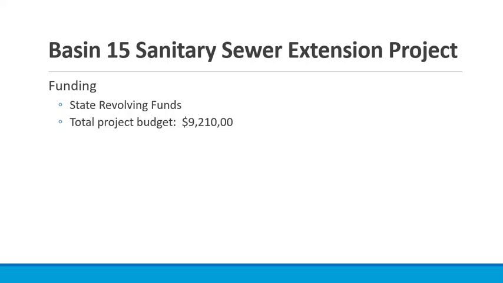The total project budget for the preliminary design, final design, construction, and construction administration is $9.21 million. That will certainly be reviewed and updated as we go through these initial design phases, if the budget needs to be improved to get that first phase in.